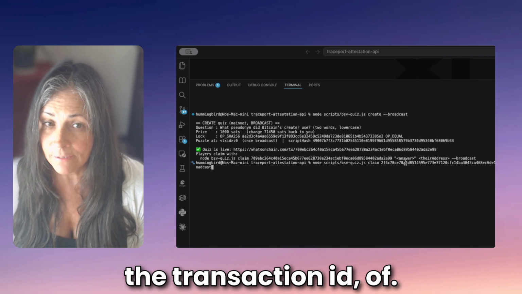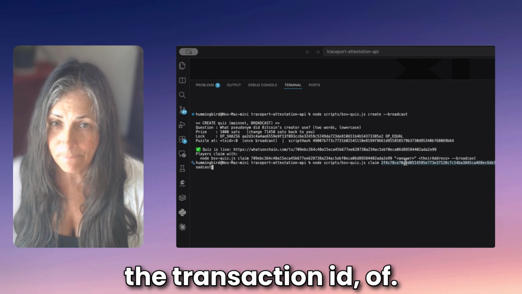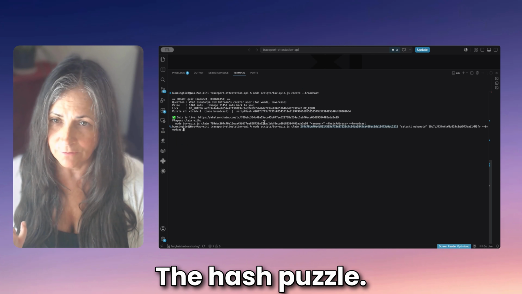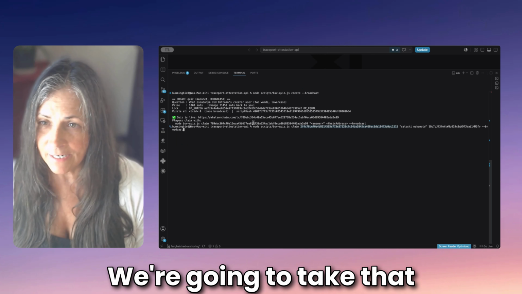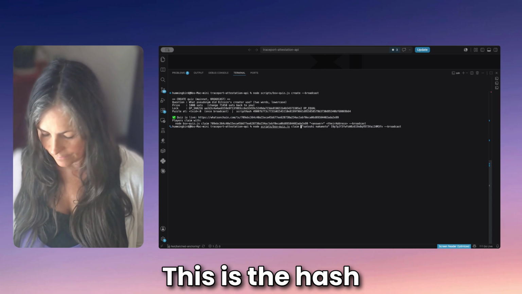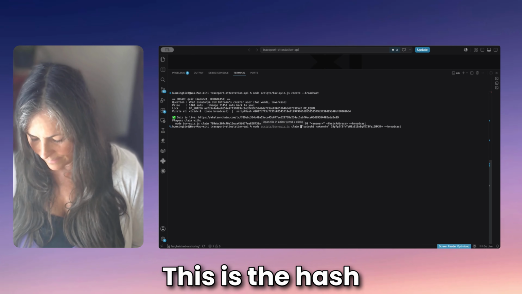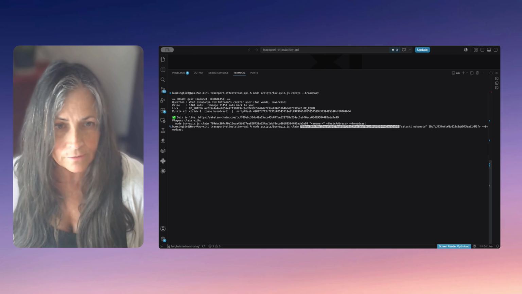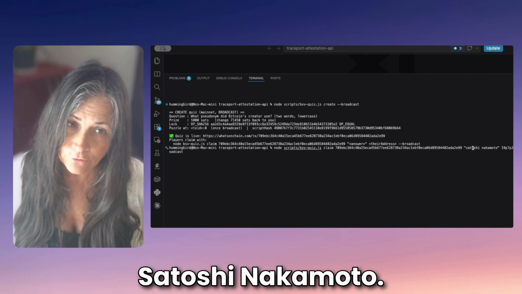We have to put the transaction ID of the hash puzzle. Okay, so we're going to take that transaction ID, the new one, because this is an old one that I ran earlier. This is the hash puzzle transaction, and the answer is Satoshi Nakamoto.